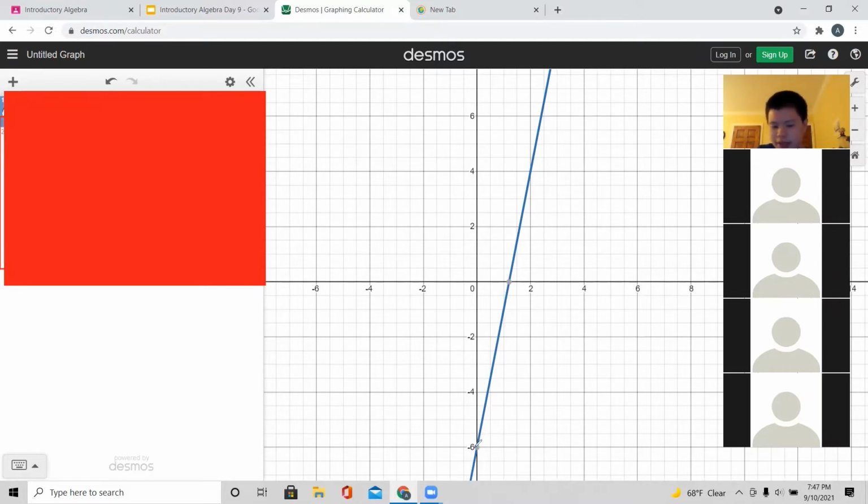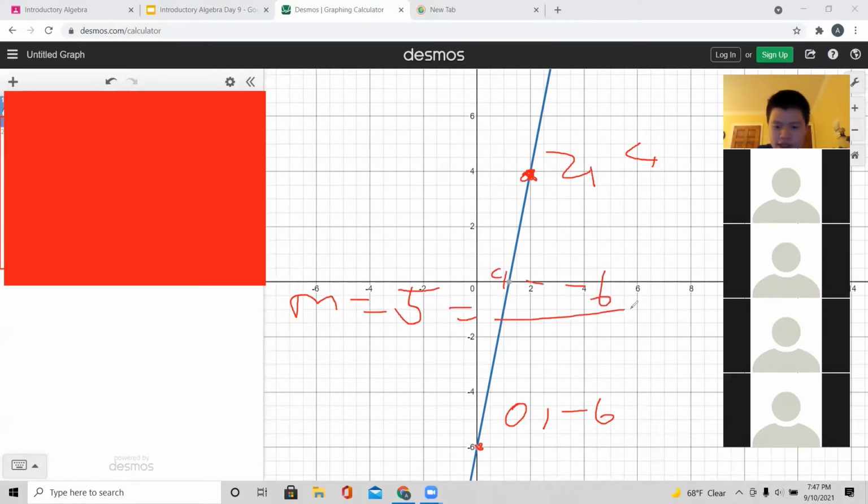So the first thing we could do is calculate the slope from 2 points. We have this point, 2, 4, and this point, 0, negative 6. Using the slope equation, we can find that the slope is 5, which is 4 minus negative 6 over 2 minus 0.